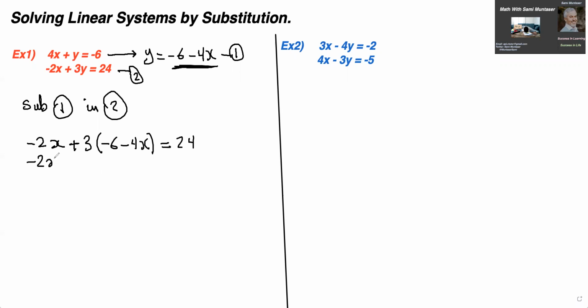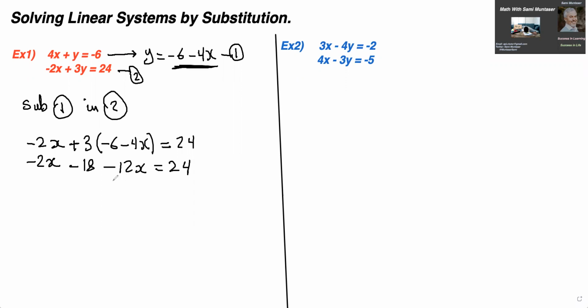Now, -2x plus, or I'm just gonna maybe make that minus 18 plus 12x equals 24. So just give me 1 second here. Just a little mistake there. So we subbed that in here, and now 3 times -6 is going to give me -18, and 3 times -4 gives me -12, not positive 12.